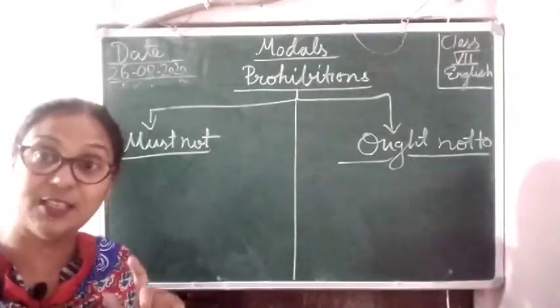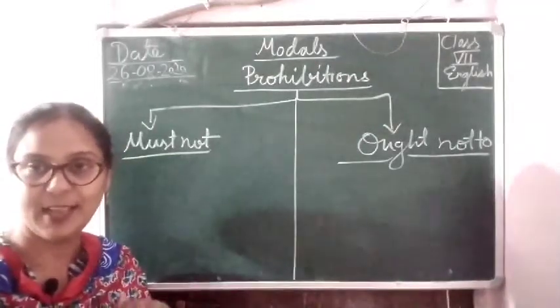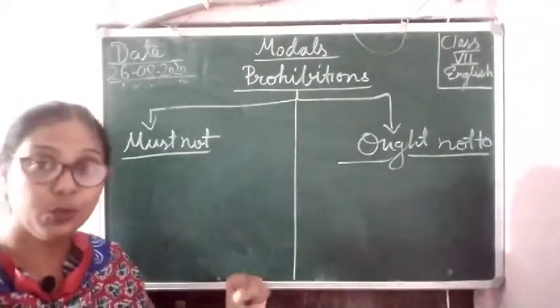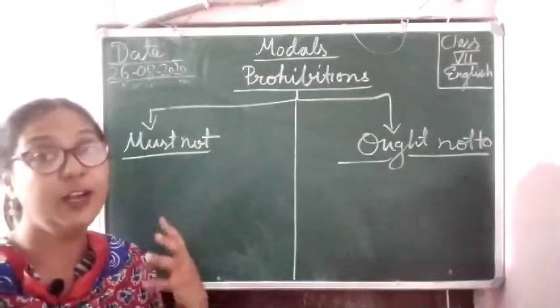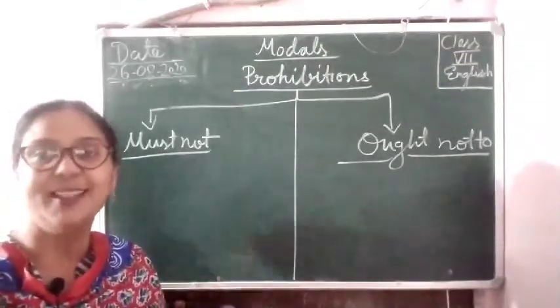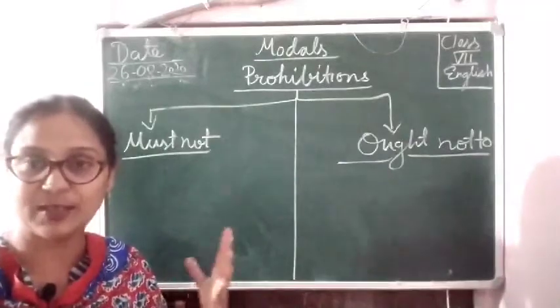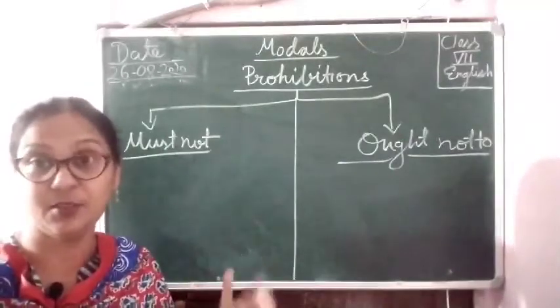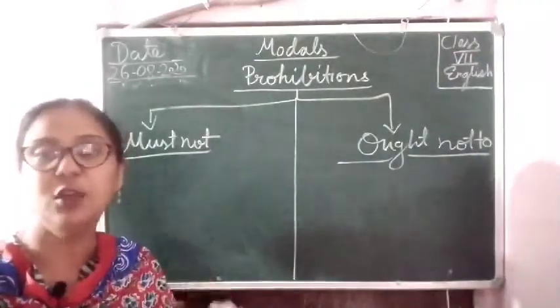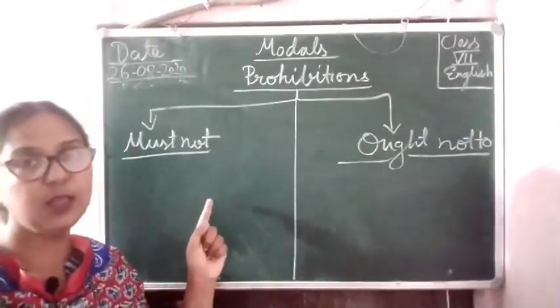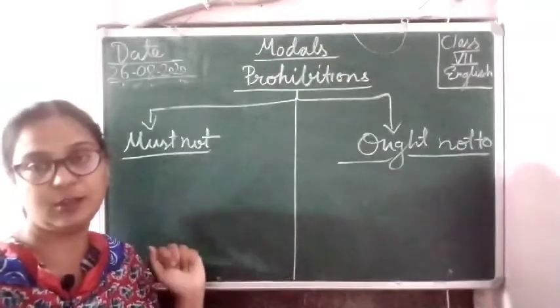That is called a strict prohibition. It means you just do not dare to do this because the prohibition is given over here. So it's a strict instruction to not do these things. That time we use must not.